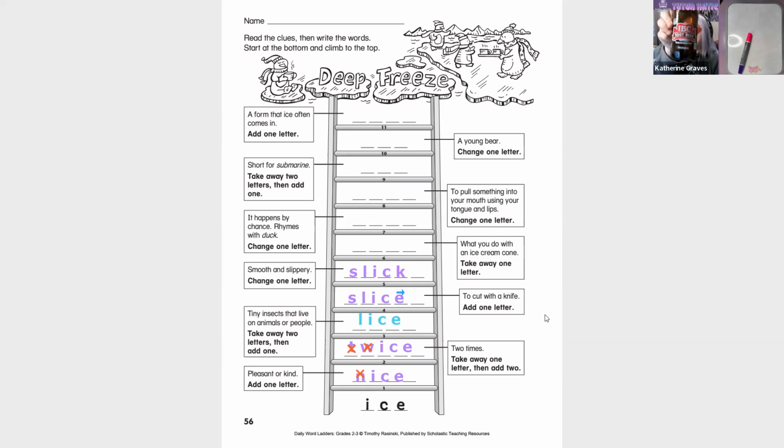And root beer, proof that teacher Katie is not drinking on the job. Root beer actually tastes really good with vanilla ice cream. I love a root beer float. What is your favorite flavor of ice cream? Ooh. I love chocolate ice cream.